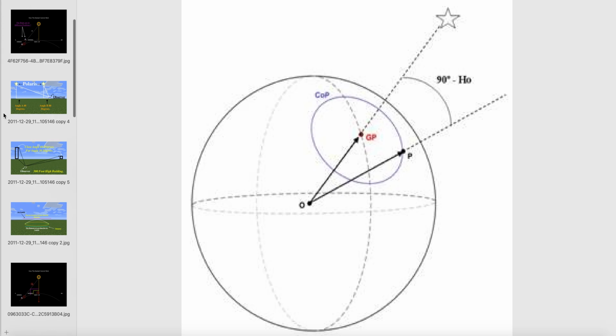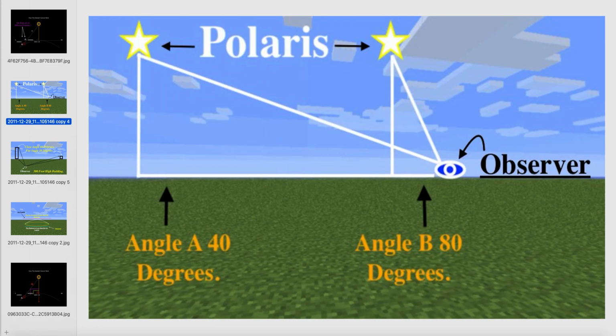But the whole point of this video mainly was to talk about the circle of equal altitude, but it's mainly about Polaris, as Polaris is the baseline for all celestial navigation. So if they found out that when they moved further away from Polaris or closer to Polaris by an exact amount, that Polaris would drop or rise by an exact amount.